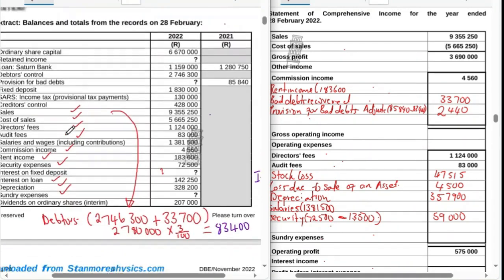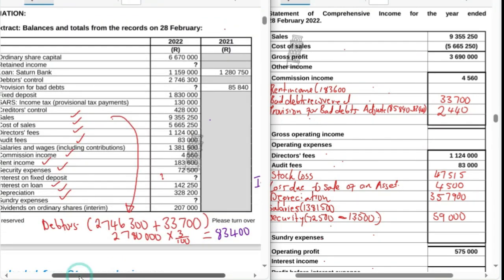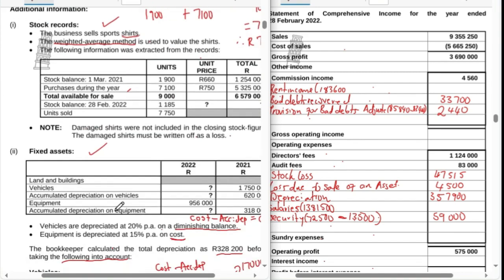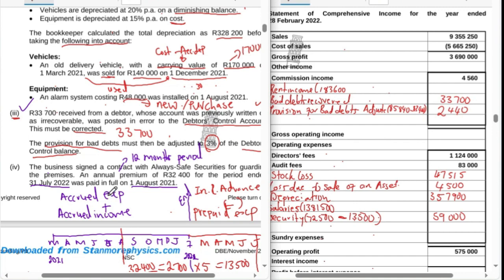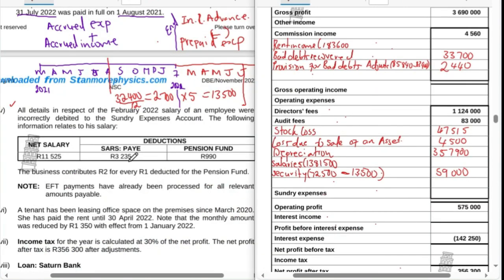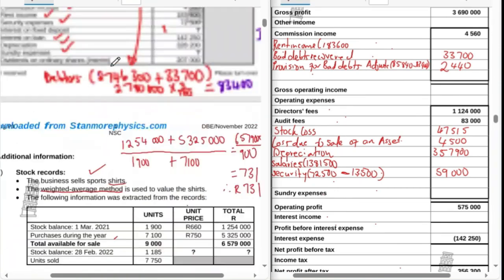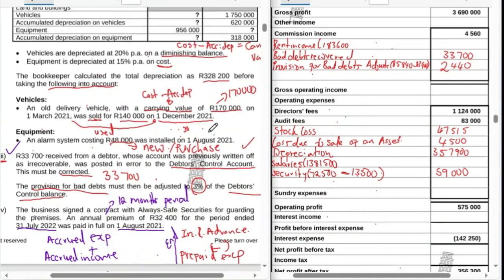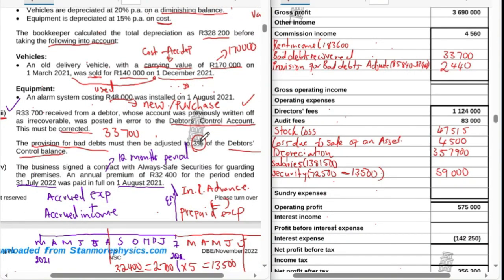Under our trial balance, which is our extract, we have sundry expenses. So sundry expenses is how much? Sundry expenses, it's a question mark. Then we know that it's a question mark, but it was debited. So guys, now we know that under sundry expense it's a question mark. Then we can continue with our salaries.